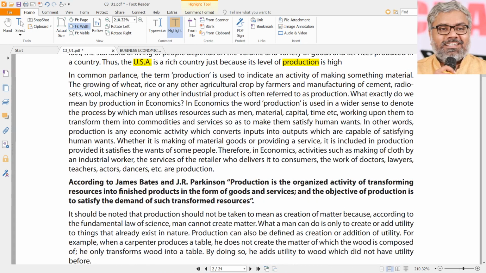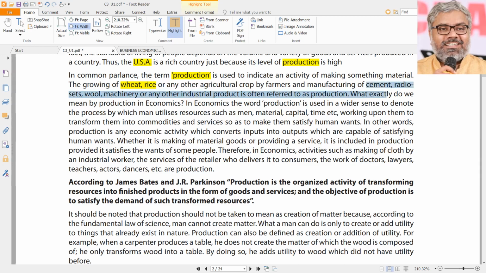Okay, fine. Production is important, we know that. But normally, in which context do we use production? We say making something is what production normally is. But is it correct in economics? Not necessarily. For example, growing wheat, rice or any other agricultural product, is it production? Yes, we consider that as production.